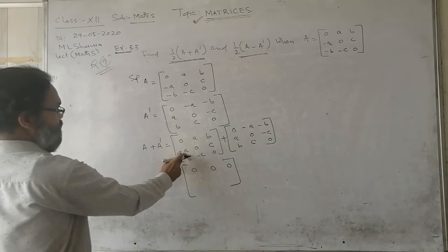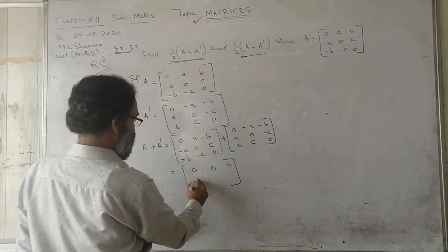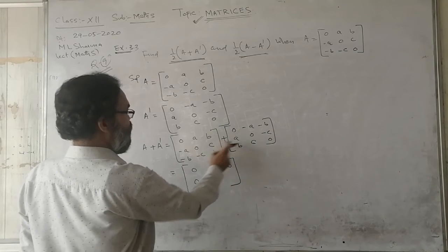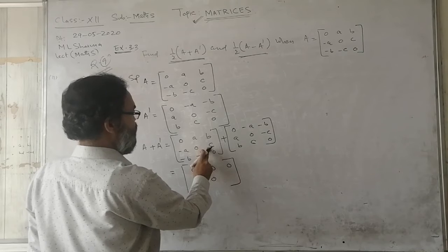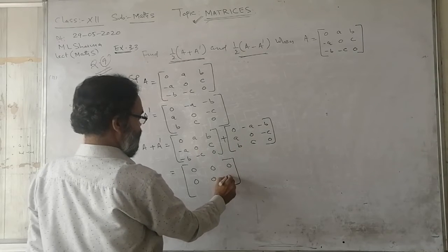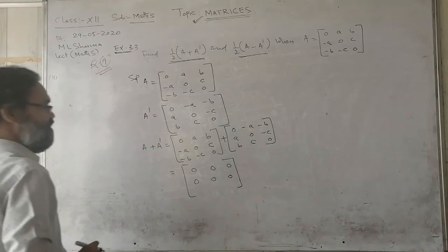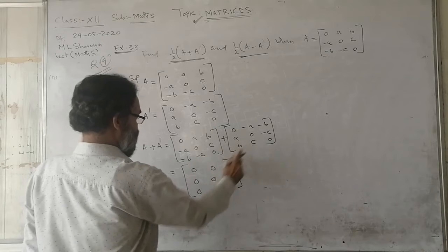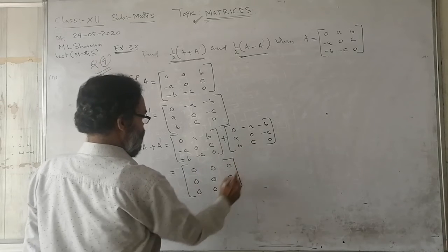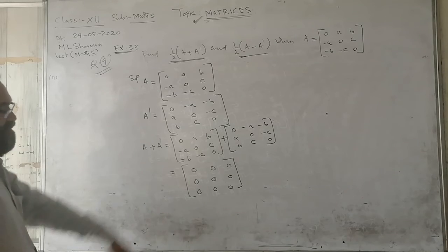Again, in the second row, minus a and plus a, it will be 0. 0 plus 0, again 0. This is positive c plus c and minus c, again 0. In the second row, all the elements are 0. In the third row, again 0. Here also 0. That means A plus A transpose is 0.